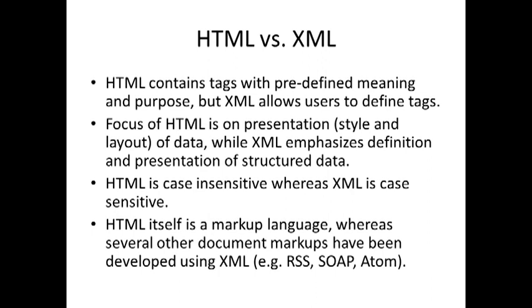In other words, a user can define his or her own set of tags for storing and retrieving structured data in XML, which is not possible in HTML. The focus of HTML is on the presentation of data, mainly on the style and layout of data, whereas XML emphasizes the definition and presentation of structured data.